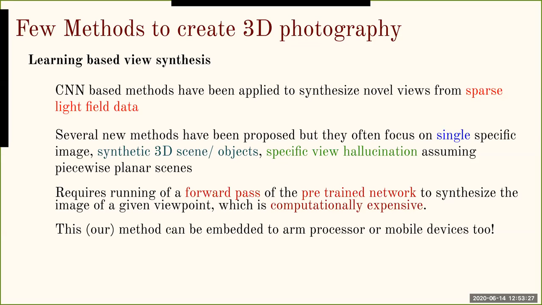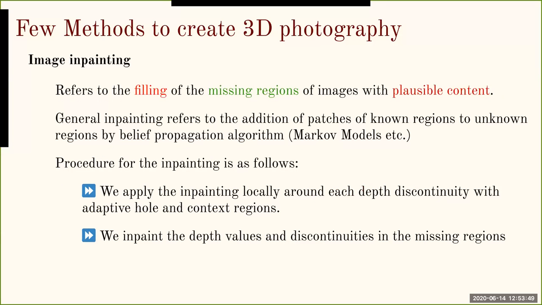Forward pass means we are also using some kind of deconvolution, just like UNet. A forward pass is computationally efficient in some cases when the model is quite small, so our method can be embedded in an ARM processor or mobile devices too.